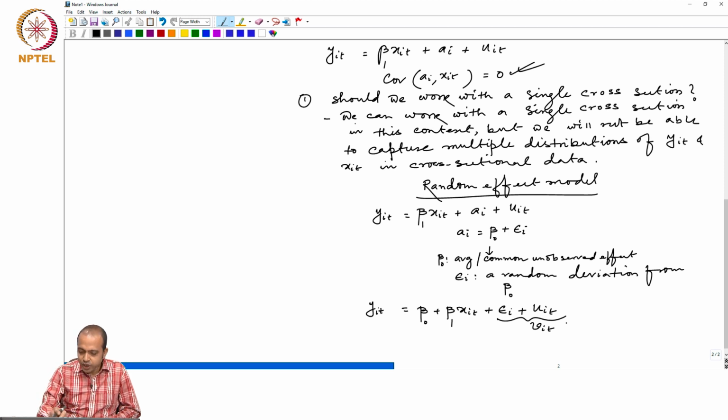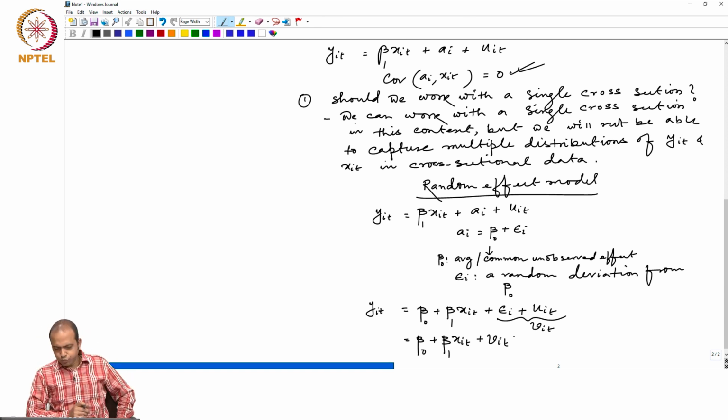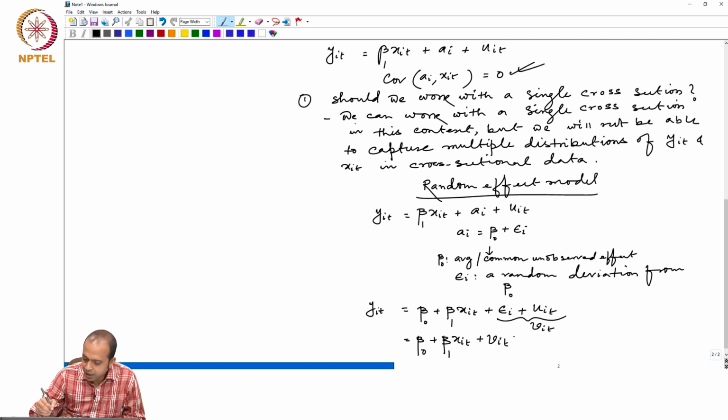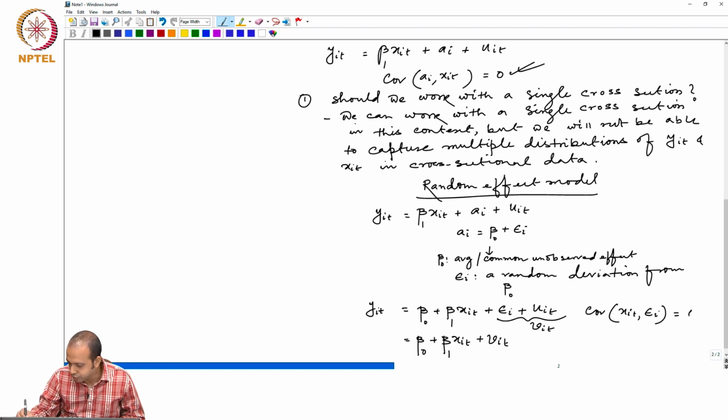So, this becomes beta 0 plus beta 1 XIT plus VIT. The assumption we make here is that the covariance between epsilon I and XIT equals 0.